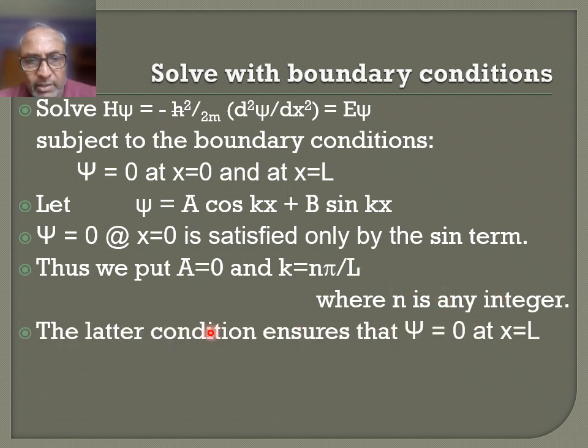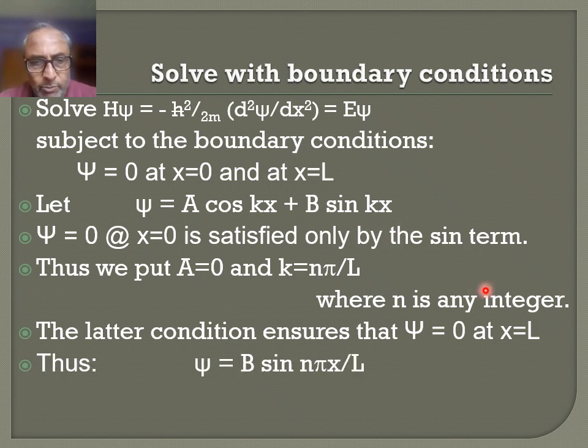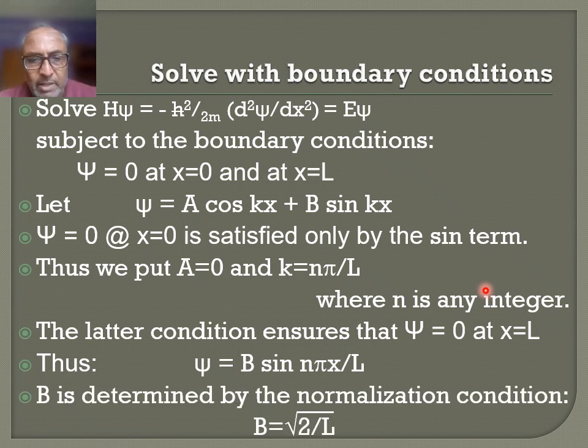Then we see that the second boundary condition, that is psi equal to 0 at x equal to L, is also satisfied because sine n pi is equal to 0. Thus we get psi equals b sine n pi x by L, where b is determined by the normalization condition to be b equal to square root of 2 by L, as we will now show.